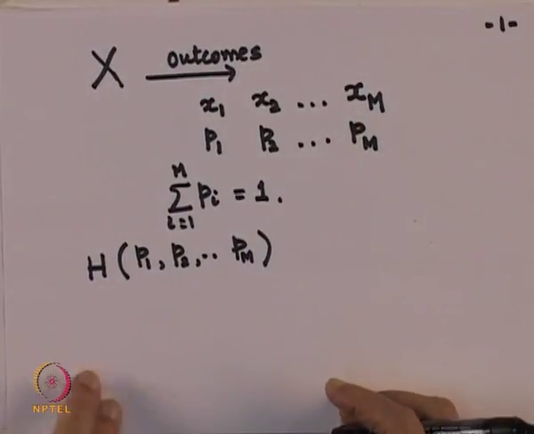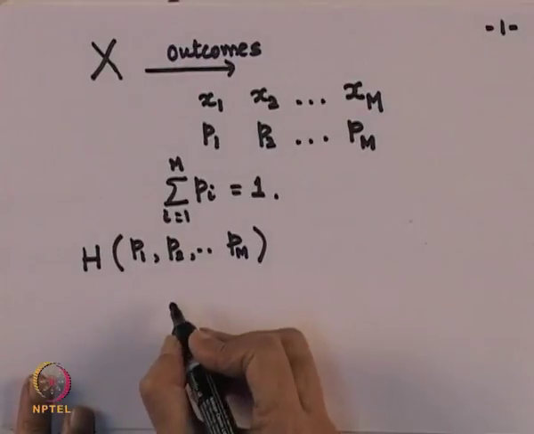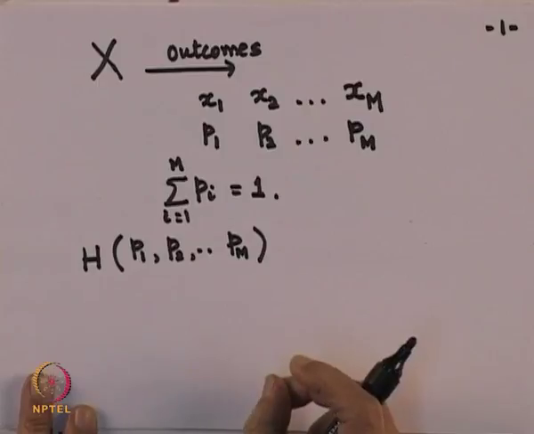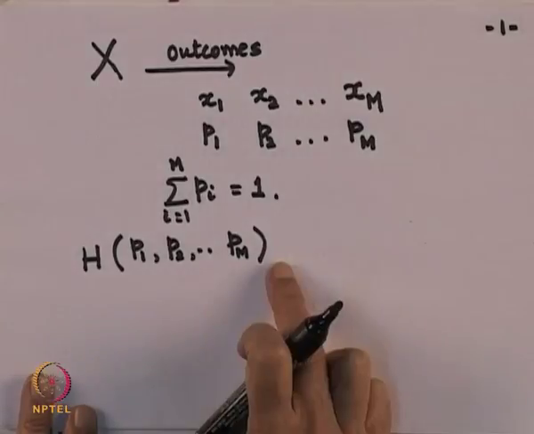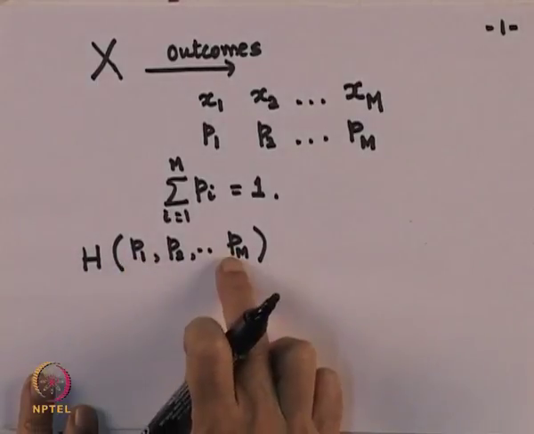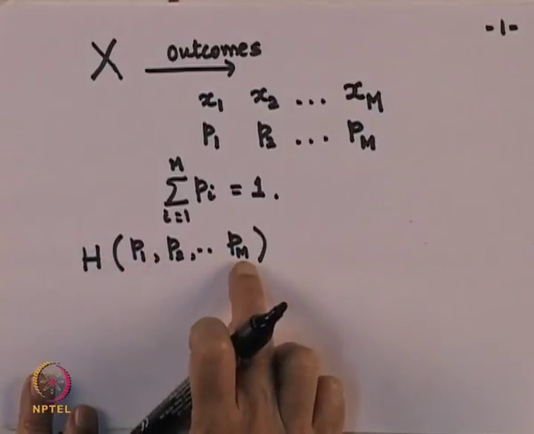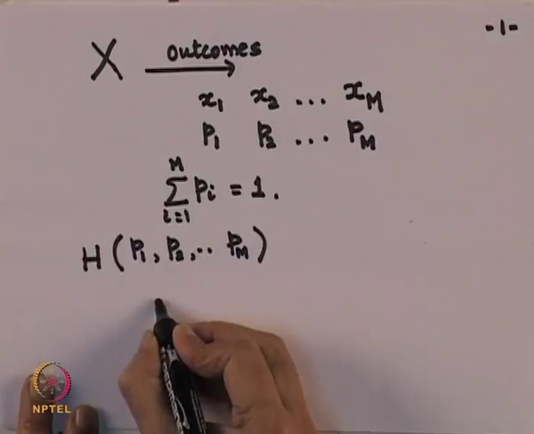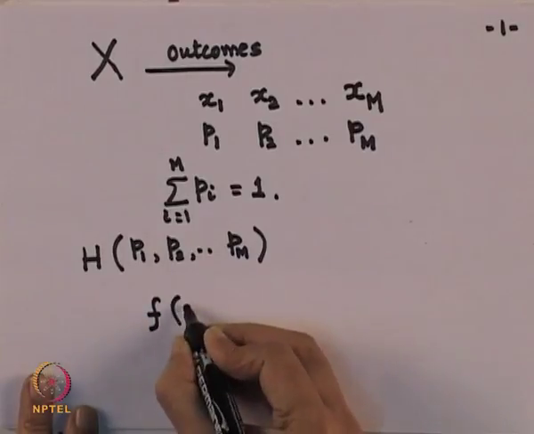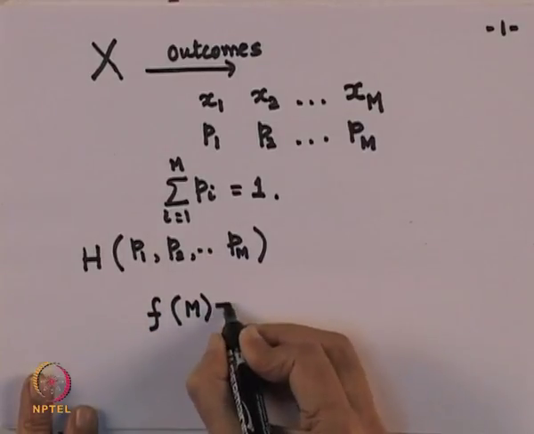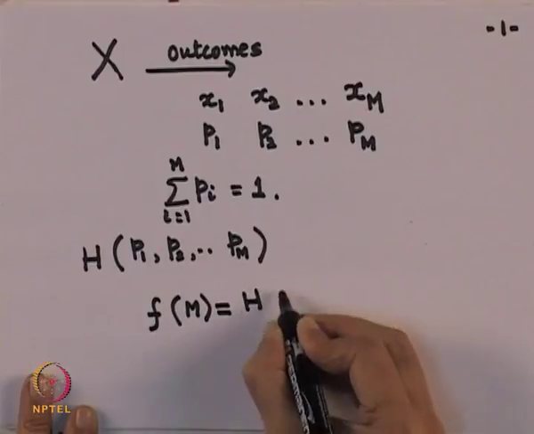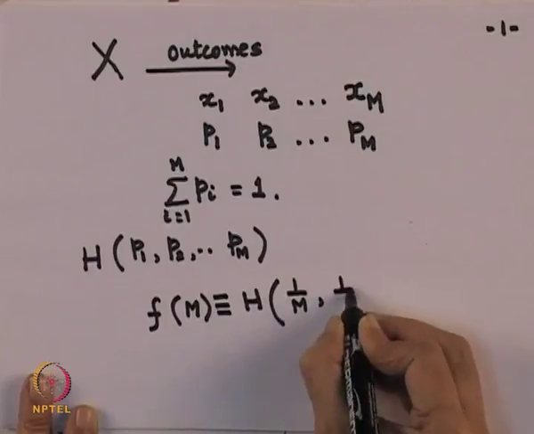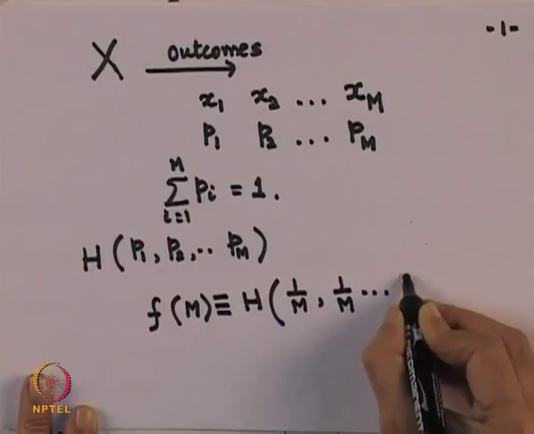In order to do that, let me define a certain auxiliary quantity. Consider a situation where all my p's are the same. In other words, if I have m events, each one of the p's is 1 over m, 1 over m, 1 over m, etc. And let me define that by a function f of m is equal to H of 1 over m, 1 over m, etc., m terms.